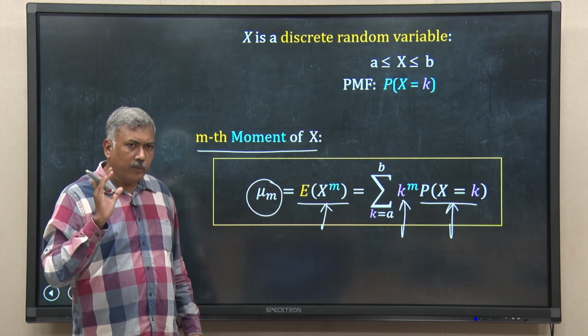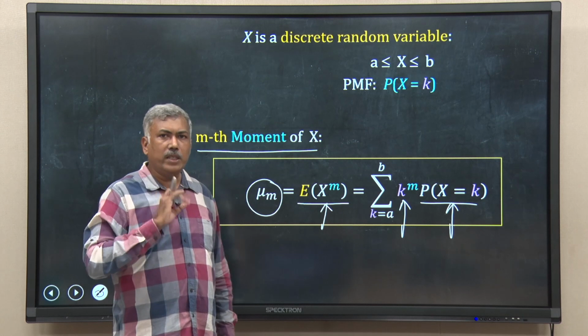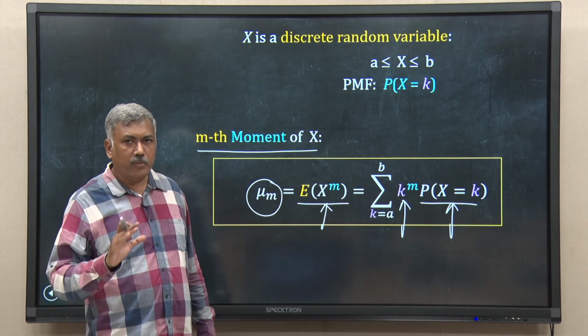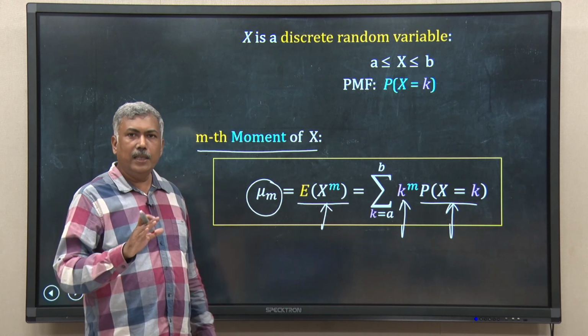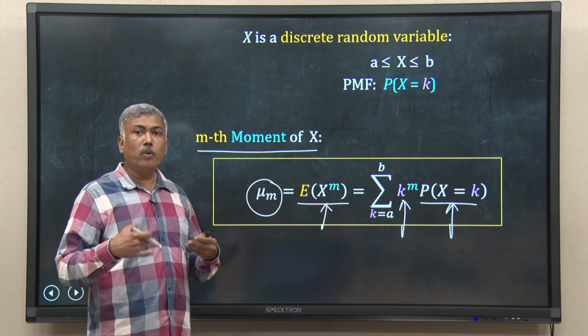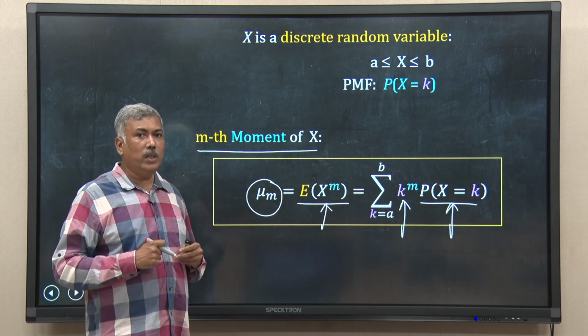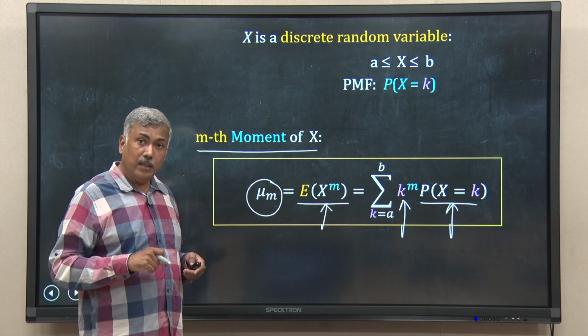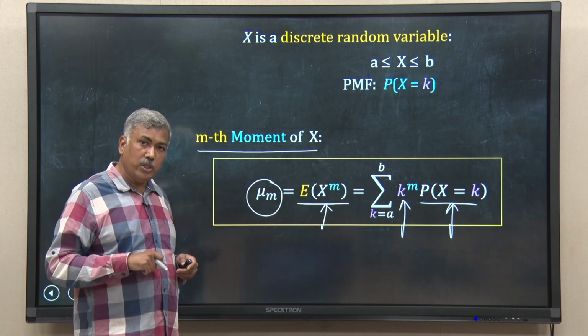So, if you have paid attention to our concept of discrete random variable and continuous random variable, you must have noticed what we are dealing with till now is all discrete random variable. That is why we have PMF, probability mass function, and you may be wondering, what should I do if I have a continuous random variable, I should have the definition of moment for that also.